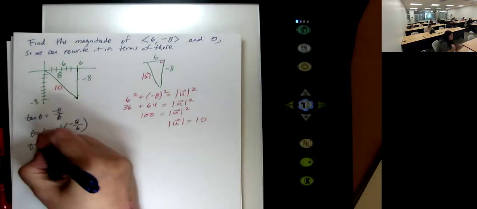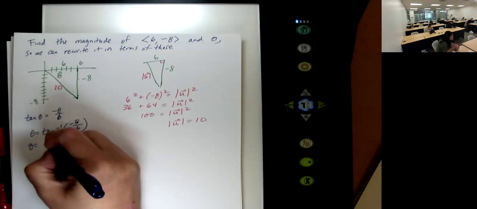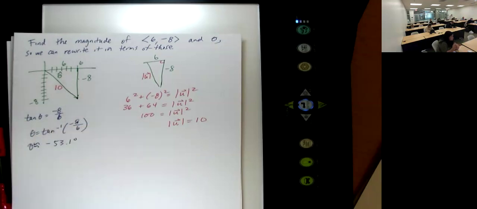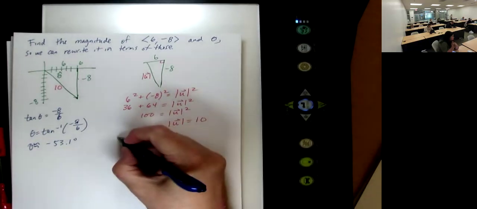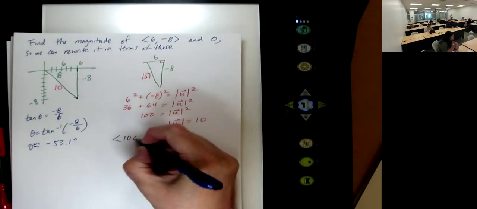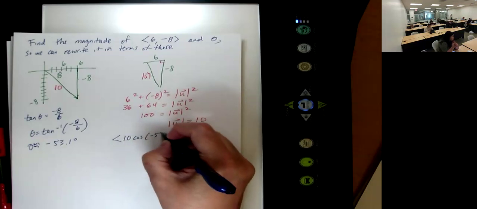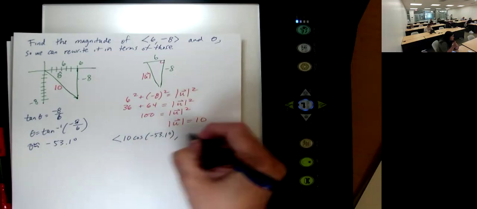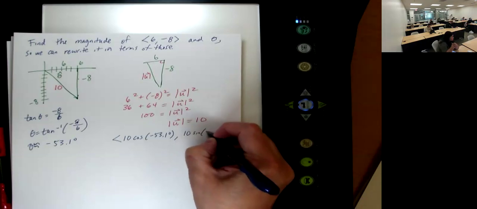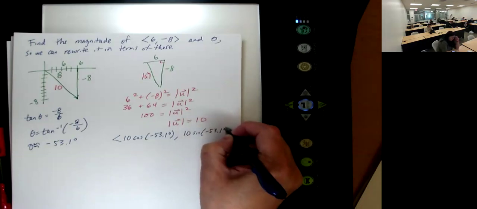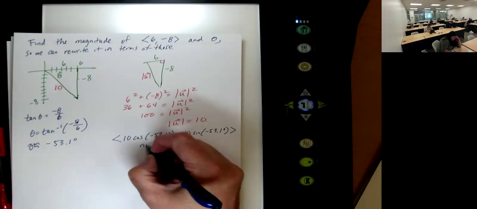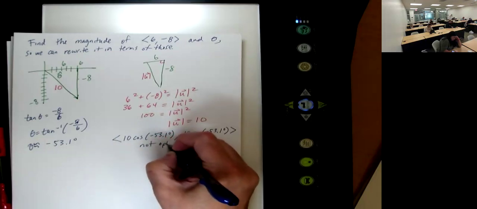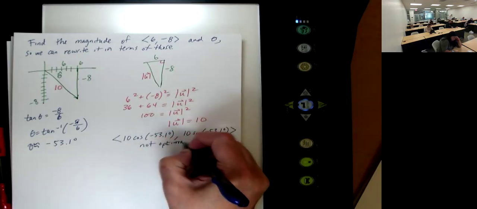Okay, theta equals, well, approximately -53.1 degrees. So we could say this is 10 cosine of -53.1 degrees, 10 sine of -53.1 degrees. But this is not the optimal form. Kind of don't want the negative angle in there.